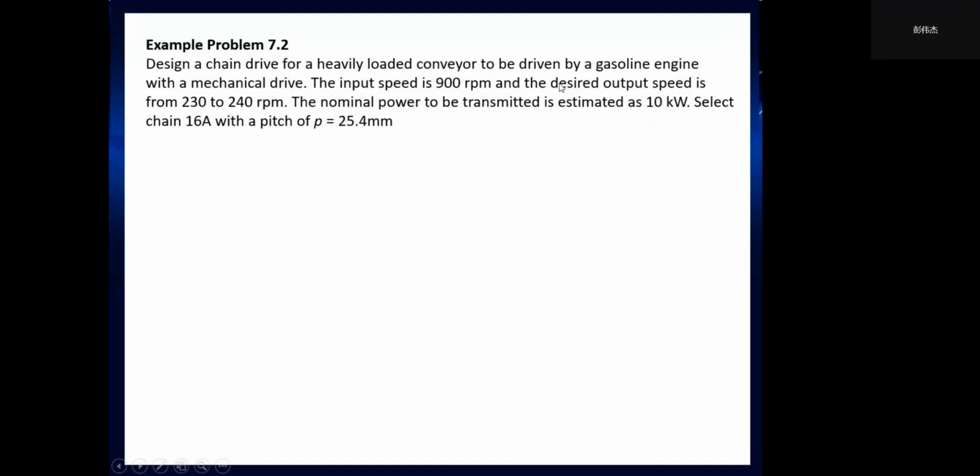The desired output speed is from 213 to 214, and the output speed is the speed of the driven sprocket. The nominal power to be transmitted is estimated as 10 kilowatts.